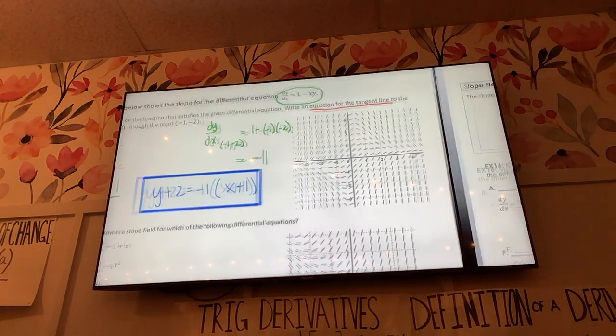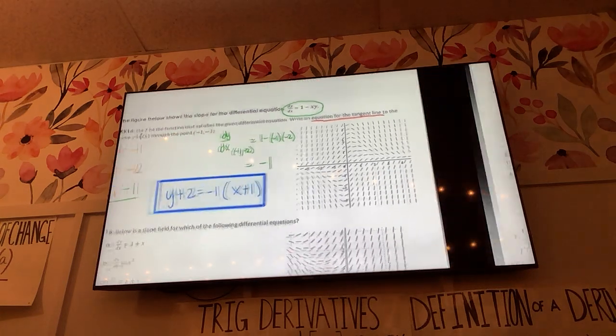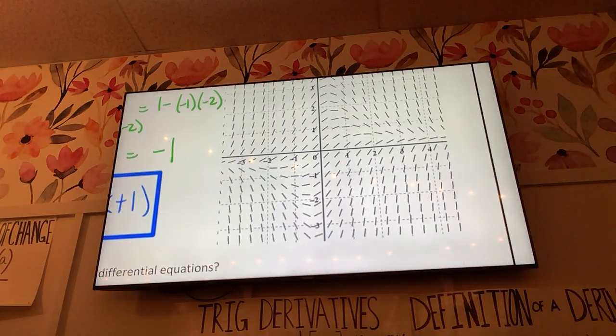So your tangent line is going to be going through -1, -2, which is this point right here. It's got a slope of -1. So your tangent line is going to do something like that.